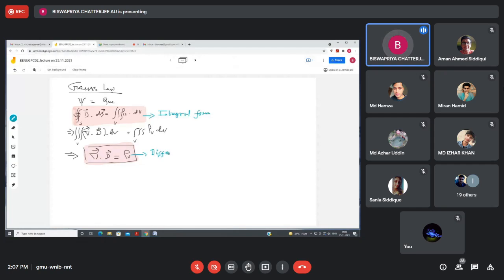I'll shortly demonstrate a problem on this theory. This is all about Gauss's law and its physical interpretation, and the concept of divergence and its relevancy to this theorem. I have already explained that in the previous class, so I am not discussing that again.